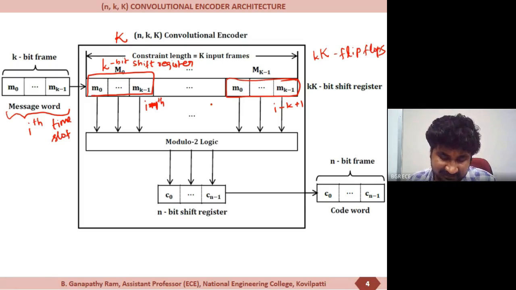If the message bits in all these time slots, from I minus 1 to I minus K plus 1, are involved in generating the code word with the help of modulo 2 logic, then this length of shift register is called the constraint length.